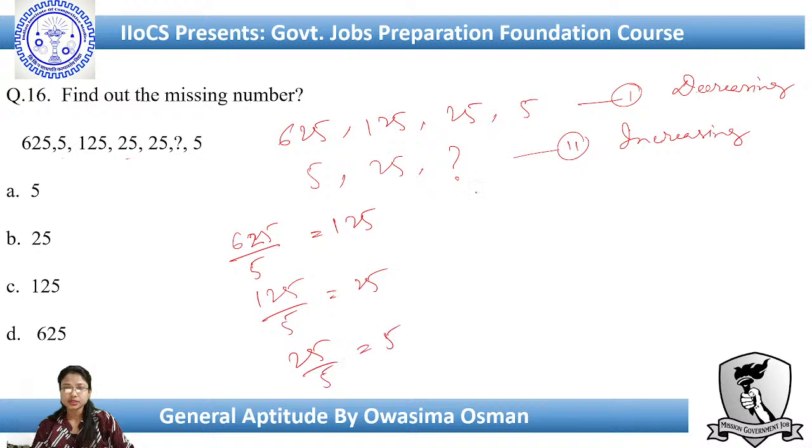And for the increasing series, it is multiplied by 5. So 5 into 5 is 25, and our next term will be 25 into 5, that is 125. So our answer is option C, that is 125.